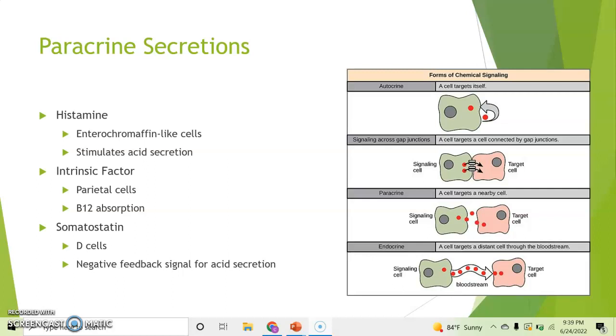Again, its target cell is parietal cells, and they stimulate the secretion of acid. Next, we have what's termed intrinsic factor, and this is created by parietal cells, and it helps with B12 absorption, it complexes with it to help with the absorption.